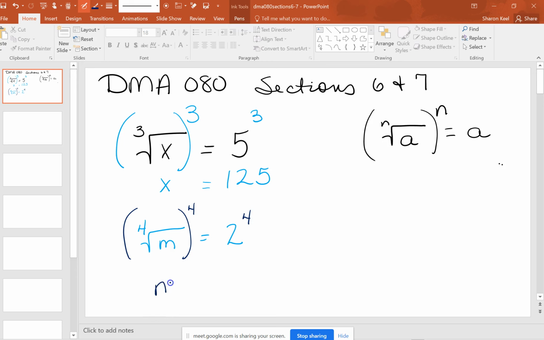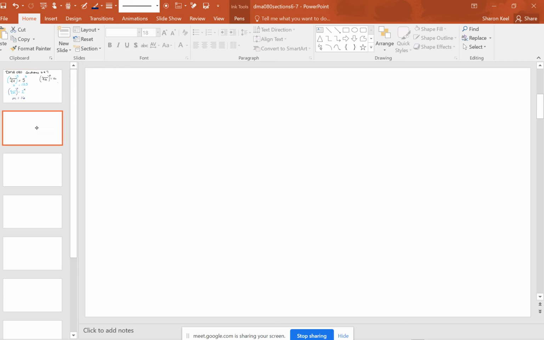So on the left, the m now comes out from under the radical, and on the right side, 2 times 2 is 4, times 2 is 8, times 2 is 16. That will give us a solution of 16. So that's technically what we're going to be doing as we work with solving a radical equation. Okay?